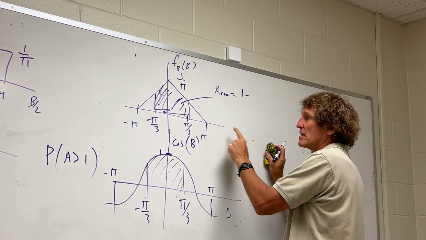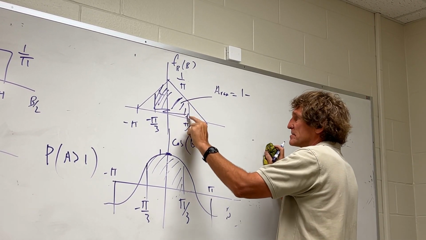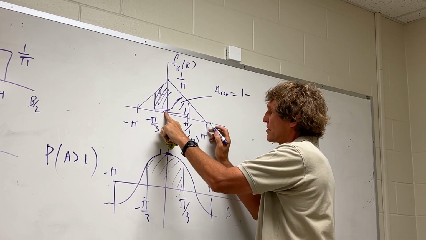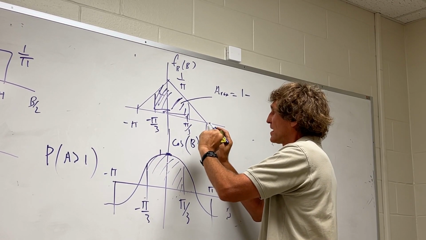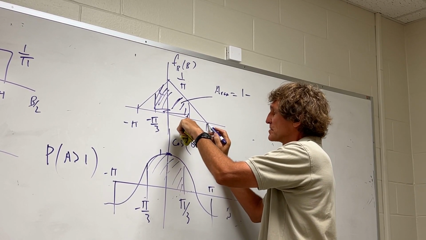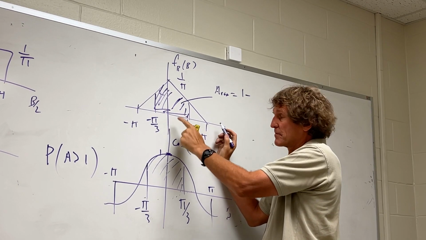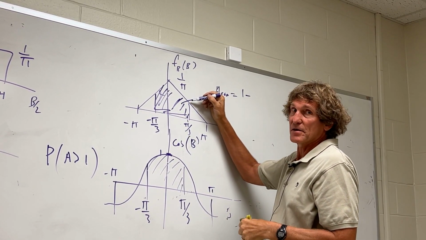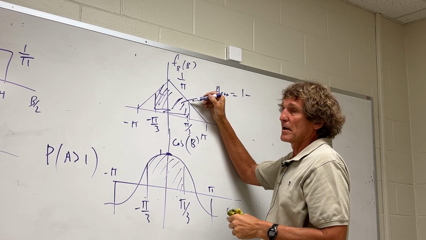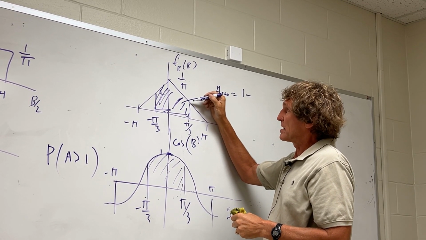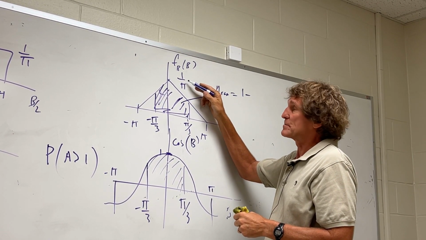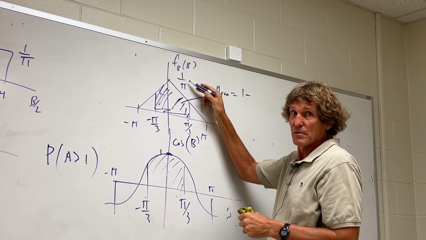Well, this right here would be what? If this is 1 over pi, and this is going to be 2/3 pi, correct? From pi over 3 to pi is 2/3 pi. So what's the height here going to be? It's going to be that times 2/3, isn't it? 1 over pi.